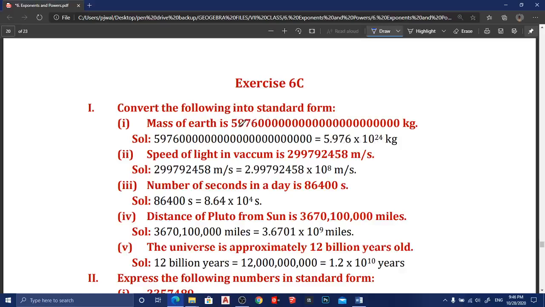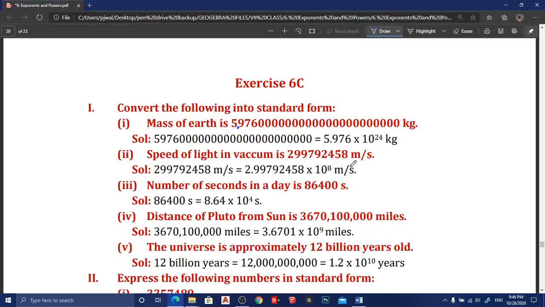After putting the point, how many digits are there? 24 digits. So that 24 you write as the power, and after putting the point, all the numbers except zeros you write here, 976.